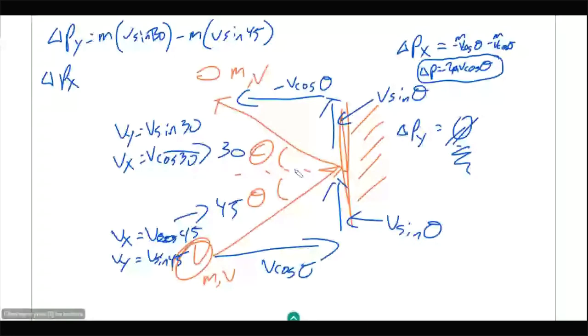You also have a wonderful calculator you get to use on this exam. Not that I'm expecting you to need it, but just plugging that into your calculator and giving it a V is perfectly doable. So there's another example of bouncing in 2 dimensions, breaking it up into the x and the y and going from there.